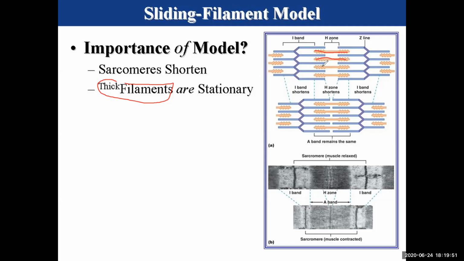They don't move at all. It is only the thin filament that will move. So the thin filaments are these, they're going to move toward the M line, all of them, on either side. So that's what you see here.